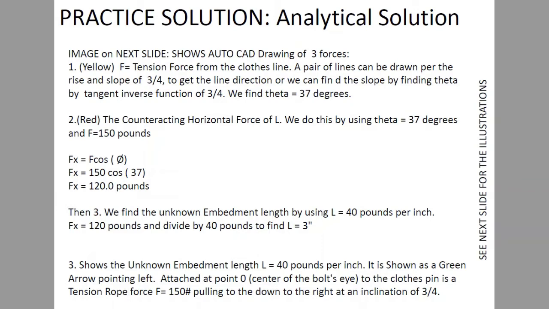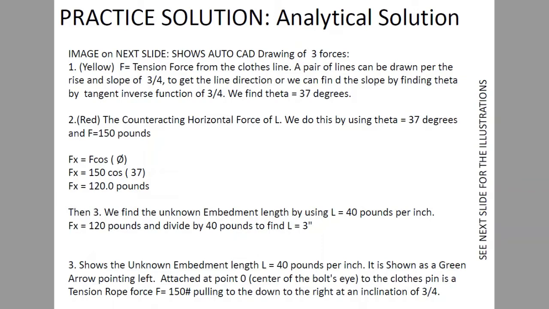Shown in red will be the counteracting horizontal force L. We find this one by using theta again, which is equal to 37 degrees, and F is equal to 150 pounds. And you'll remember, to find Fx, we will use F times the cosine of theta.